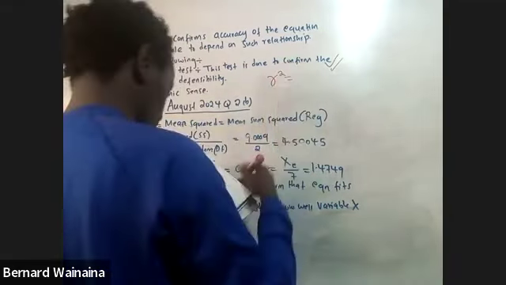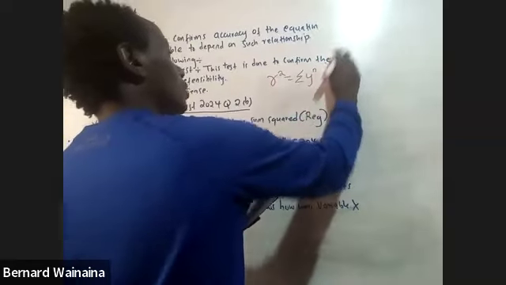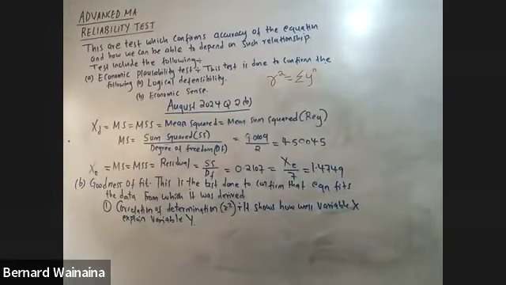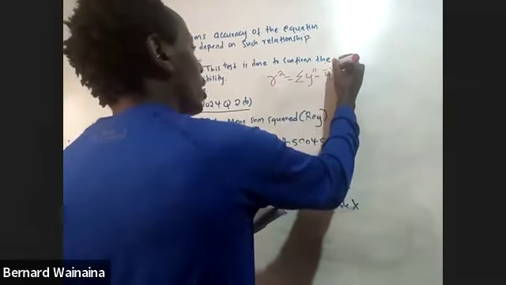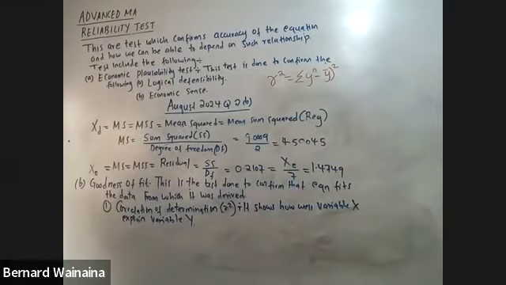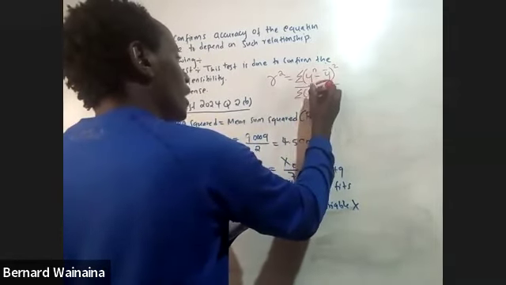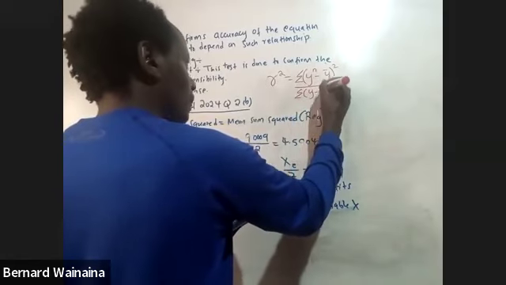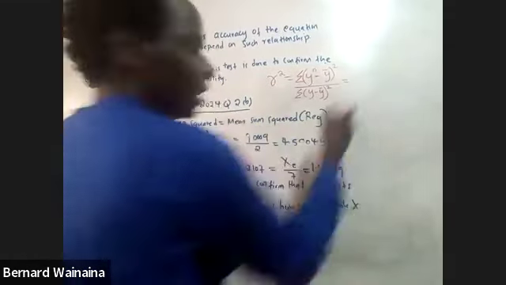R squared is equal to the summation of y predicted minus y bar, where y bar is the mean of y, divided by the summation of y minus y bar, squared. That is how you get the R squared.